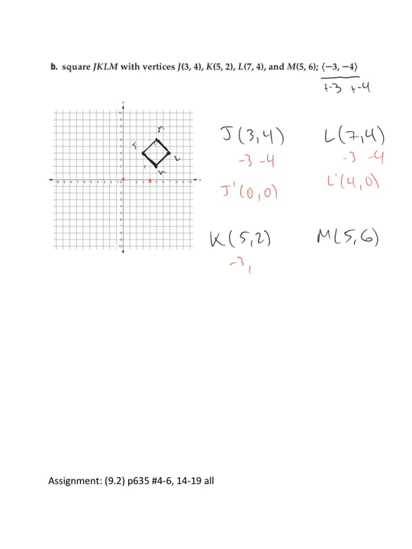And subtract 3, subtract 4, we'd be at (2, -2) for K prime. And M prime would be subtract 3, subtract 4, (2, 2). And again, doing as best I can to make those look like straight lines. Okay.